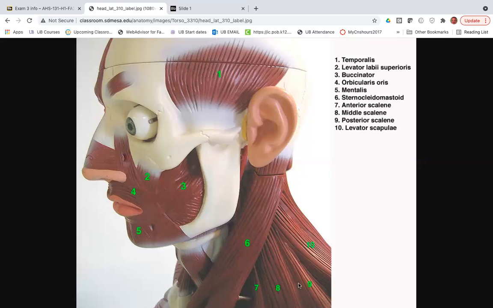So these are accessory respiratory muscles, but they can also rotate the neck. By rotating and breathing, those muscles can really hypertrophy, they can thicken up and compress the nerves that come out of the neck going into the arm, giving you pins and needles into the fingers.